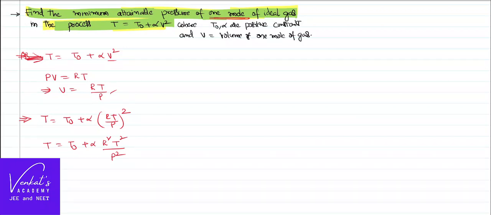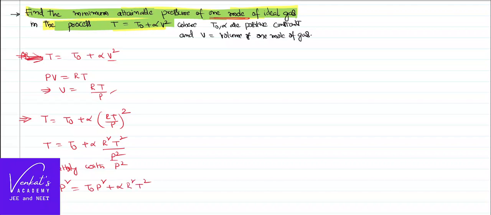Let's multiply this equation with P square throughout the equation. What happens then? T P square equal to T naught P square plus alpha R square T square.